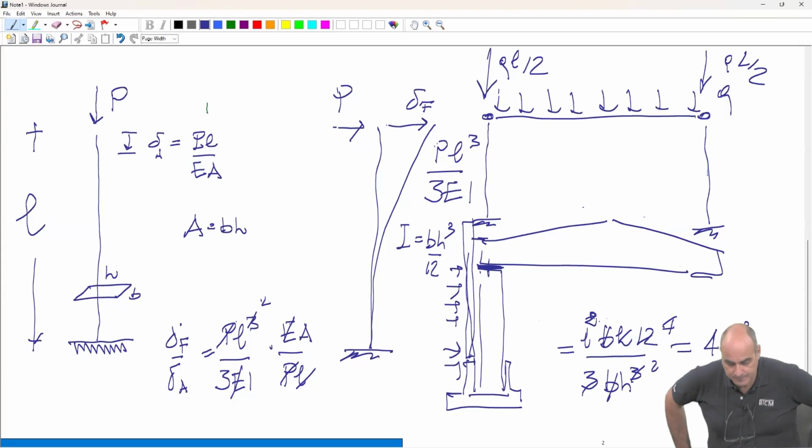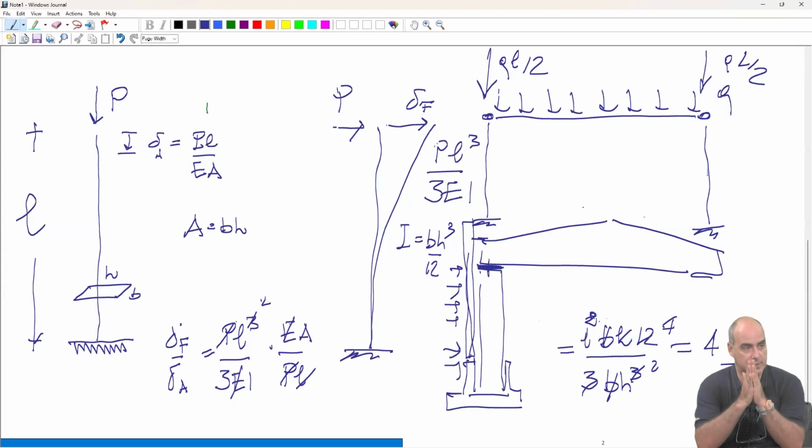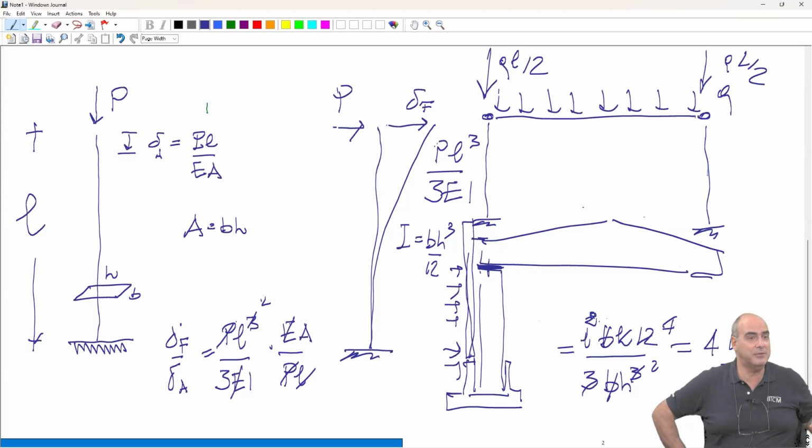This brings us to make two considerations. First thing, when we say that beams and columns are infinitely stiff axially, it's because of this. It's not that they are truly infinitely stiff, but their stiffness is 100 times higher than the flexural one.